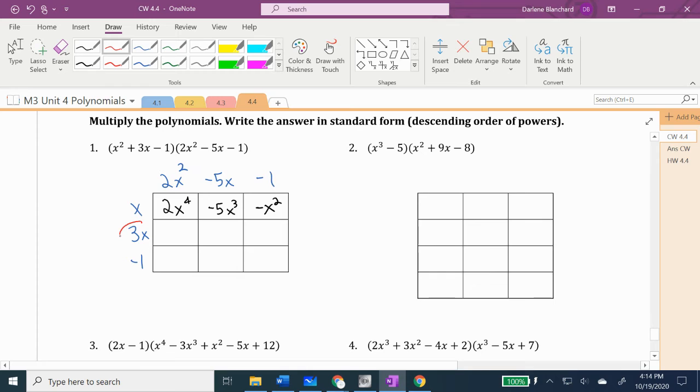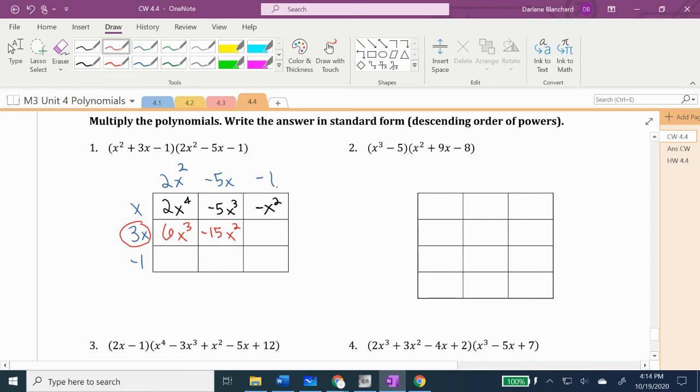And now for everybody in this row, I multiply 3x by what is on top. So 3x times 2x squared is going to be 2 times 3, 6, and x times x squared gives me x to the 3rd power. Then I'm going to multiply -5x with the 3x to give me -15x squared.